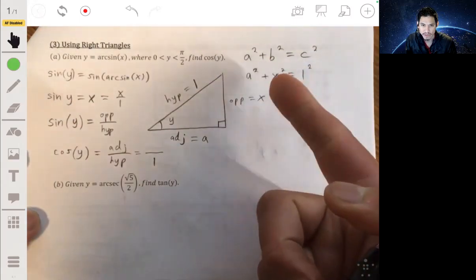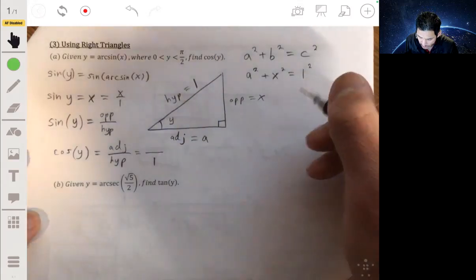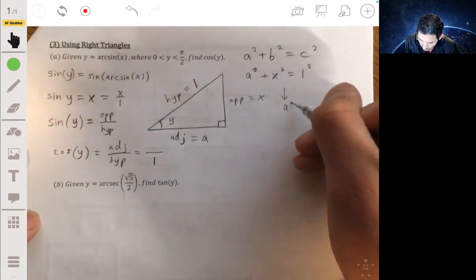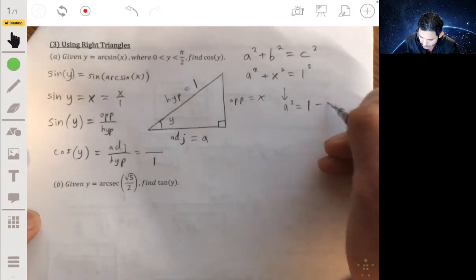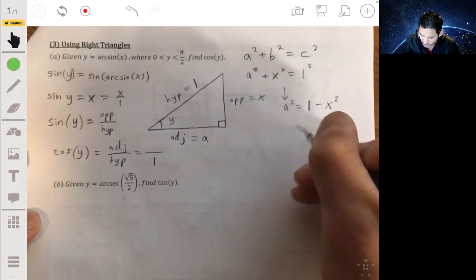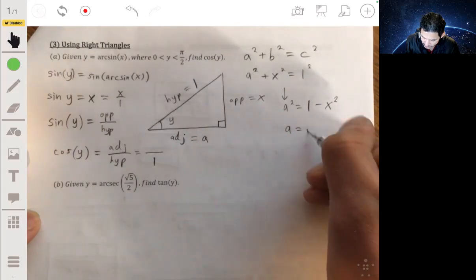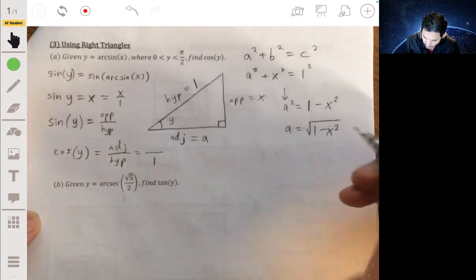So then a squared equals 1 squared minus x squared, which equals 1 minus x squared. And then that just means a is the square root of 1 minus x squared.